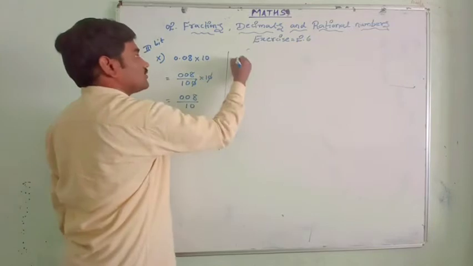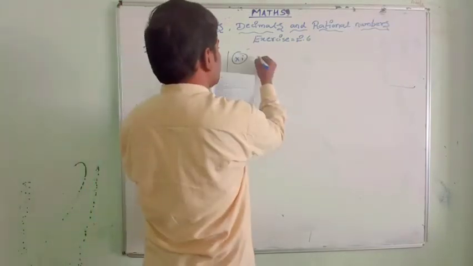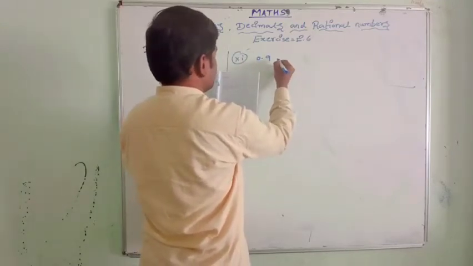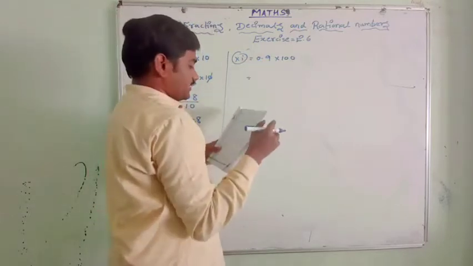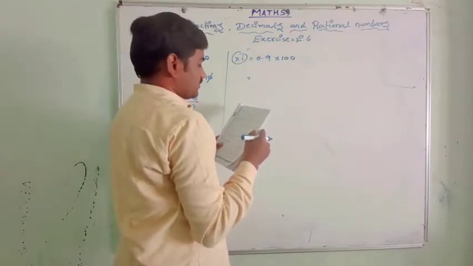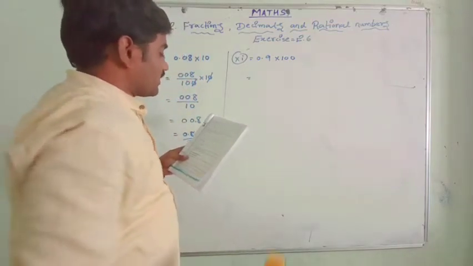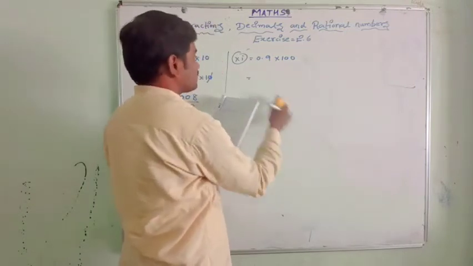Then question number 11. That is 0.9 into 100. This you see, 0.9 into 100. I have already done this question, so I might not have written the 9th question. Instead of the 9th question I have written the 11th one.